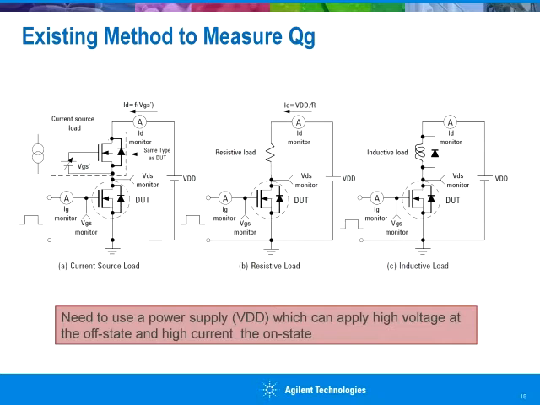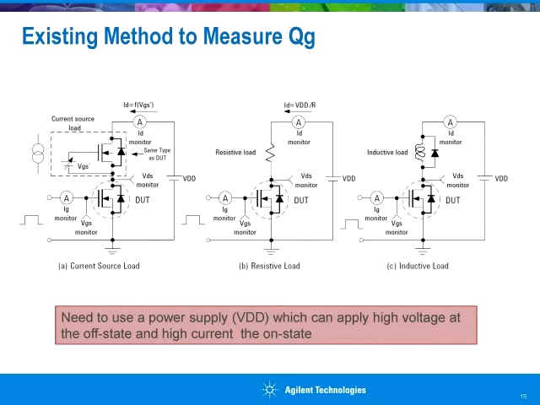Another one is resistive load. A resistor is used as a load during the measurement. Another one is the inductive load method. It uses a switching tester to measure gate charge.